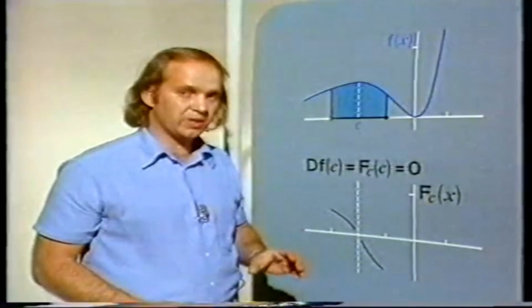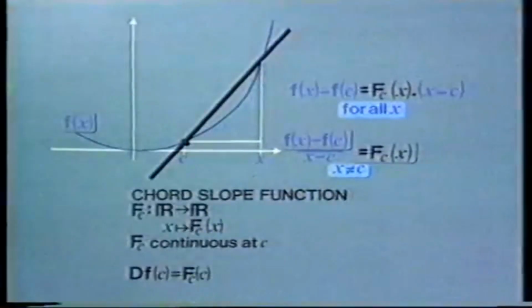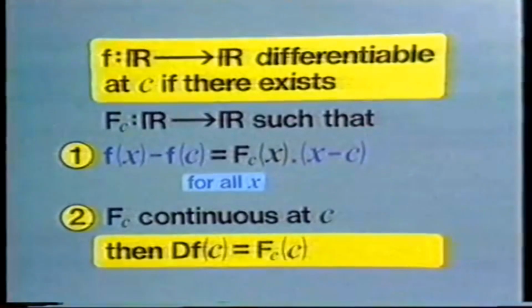So we've looked in detail at several things in this program, so I'll summarize them. First of all, we used the chord slope function to obtain a definition of differentiability. And then we used this definition to look at the derivatives for two functions. The first, x squared, was very straightforward.